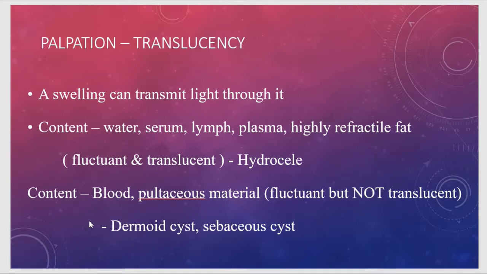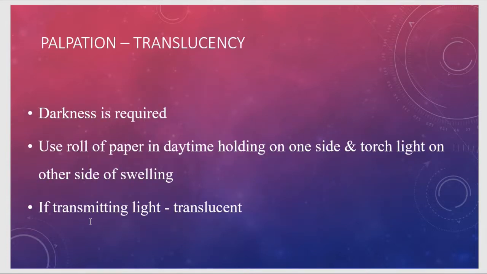But if a person is presenting to us with a swelling whose content is either blood or pultaceous material, meaning the swelling is fluctuant but not translucent, the differential diagnosis could be dermoid cyst or sebaceous cyst, right?